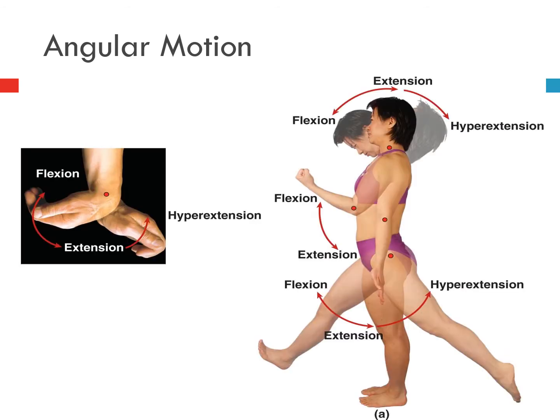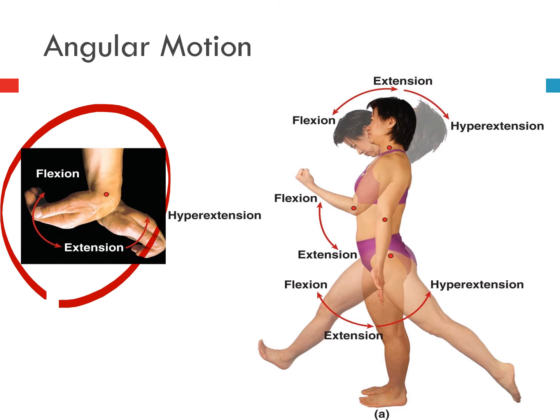So here's some pictures to describe what we were just talking about. So over on this side, we've got flexion and extension and hyperextension of the wrist. So flexion is bringing the hand toward the forearm. Remember, we're bringing the articulating surfaces closer together. So that's flexion.